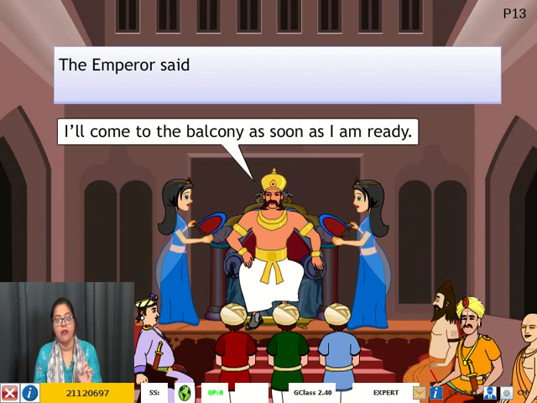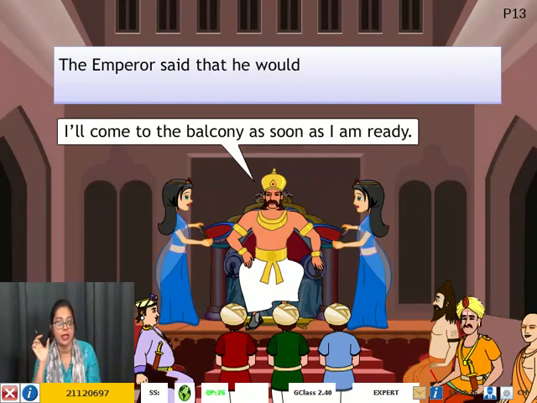So see here, I will come to the balcony as soon as I am ready. Now we are converting this sentence into indirect speech. Who said this sentence? It was said by the emperor. So we will write, the emperor said that. That will be used as a connector.